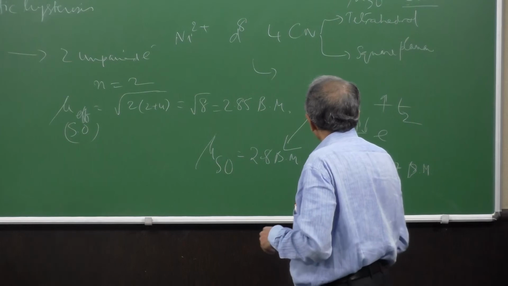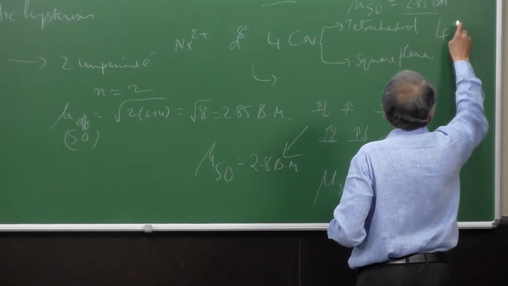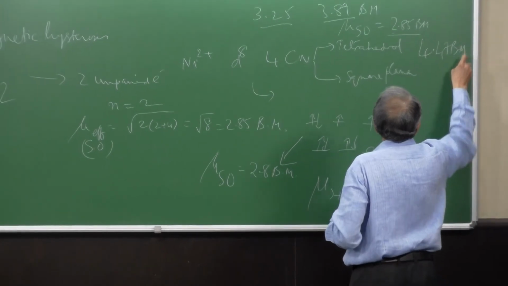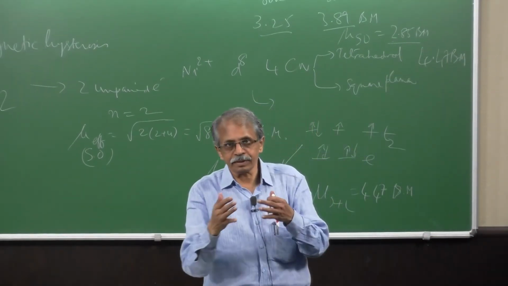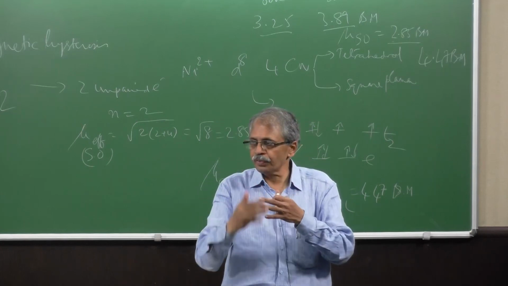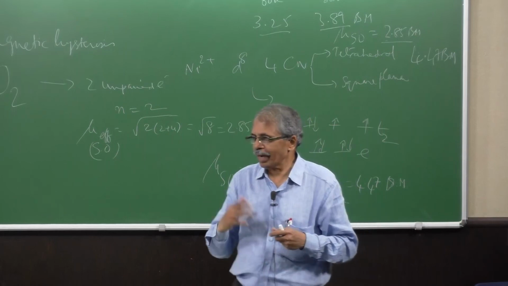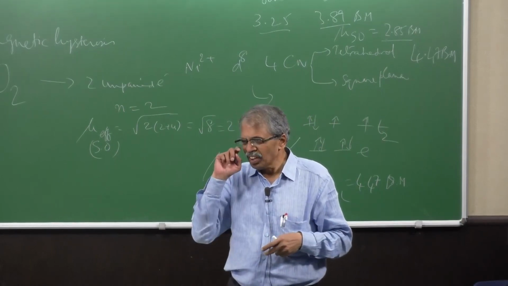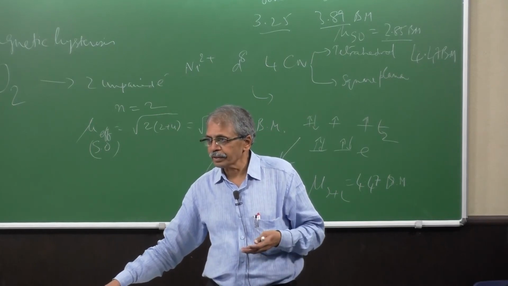But if it is only spin, you could have got 2.85. So, now you can compare with this, and that means there is not a sufficient amount of spin orbit coupling. That means the coupling is being quenched, the magnetization being quenched. Therefore, you can find the percentage of quenching, etc. So, that is the reason you can explain.